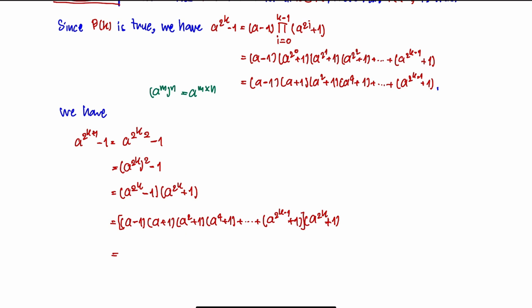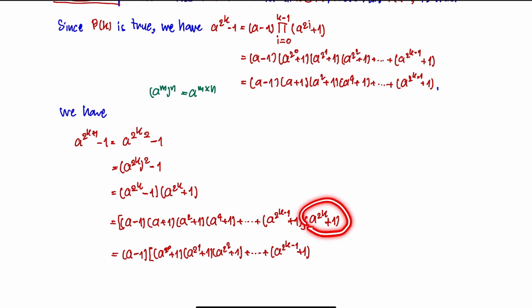Now, what do we have next? We've got a minus 1 big bracket, and this term is a plus 1, right? And a plus 1 becomes a to the 2 to the 0 plus 1 times a to the 2 to the 1 plus 1 times a to the 2 to the 2 plus 1 and plus all the way to a to the 2 to the k minus 1 plus 1, and this one too.